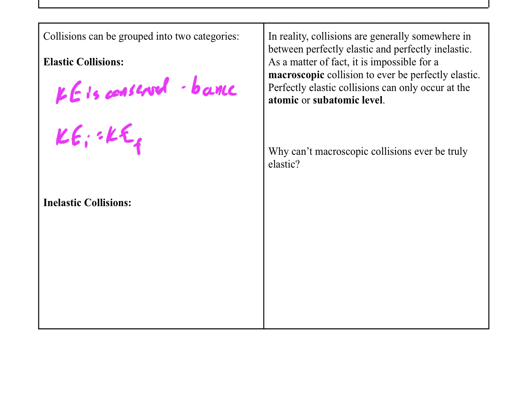But when we consider an inelastic collision, kinetic energy is not conserved. In other words, the things stick together. What happens though, momentum is always conserved.